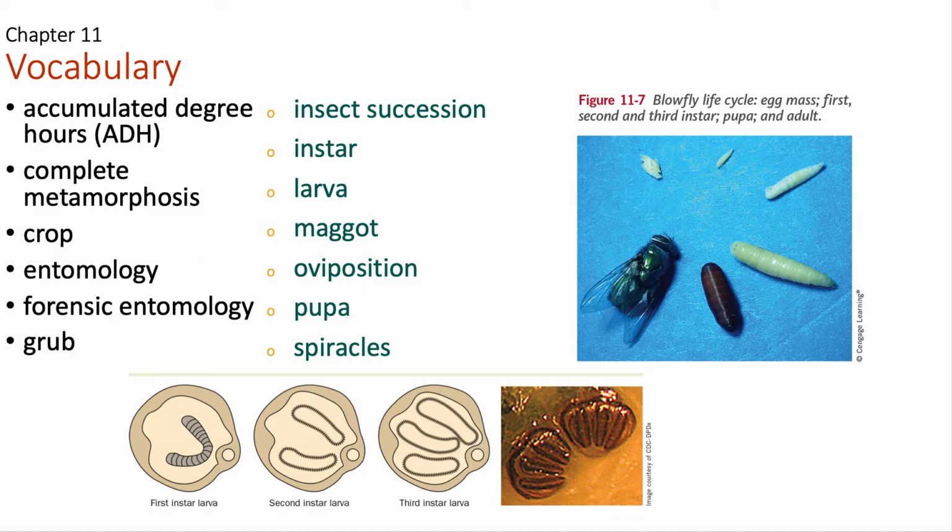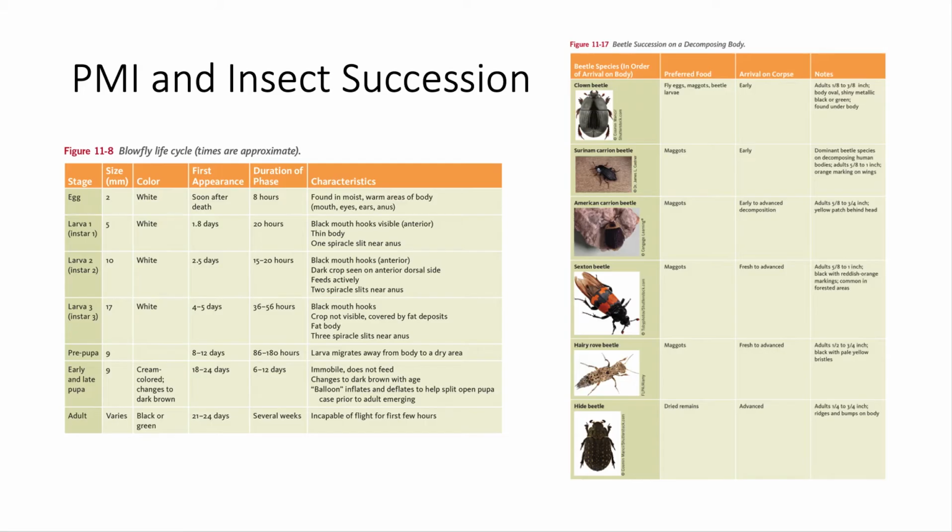All right, let's talk a little bit about insect succession. Going through this, this complete metamorphosis is going to help you determine a timeline, or what is a PMI. What they do is they're going to collect all the evidence. Pretty much they're going to collect the casings or the largest larvae, and they're going to raise them in similar environmental conditions.